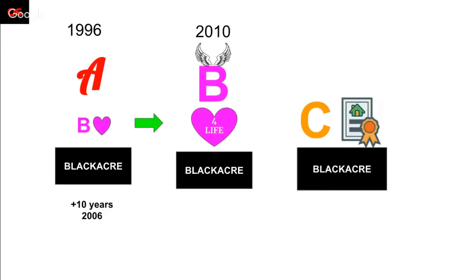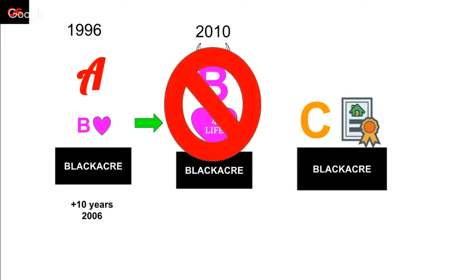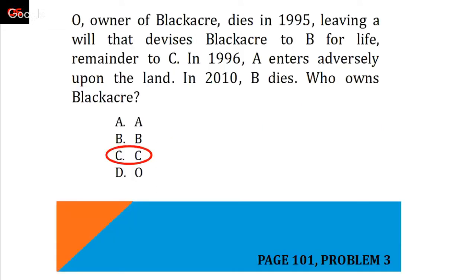Because A started adversely possessing against B's life estate, when B's life estate extinguishes in 2010, so does A's interest in the property, which was only a life estate. So C would then have the property because the remainder was to C. So, who owns Blackacre? The answer is C.